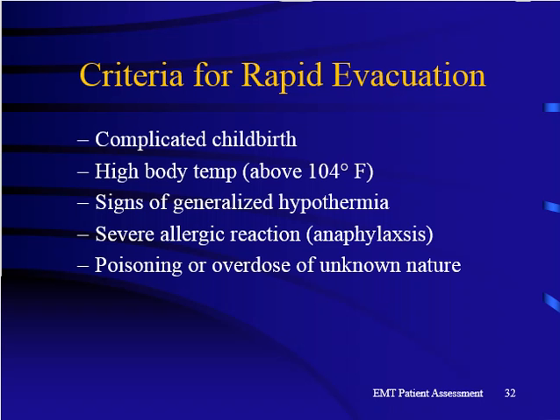They end up signing a refusal, and then you're probably back out in a week. That's probably going to be your one time that you're not going to have a rapid evacuation of an overdose patient, unless the patient's not breathing or the Narcan or the medication that you give them does not work. That will then turn into a rapid evacuation situation.